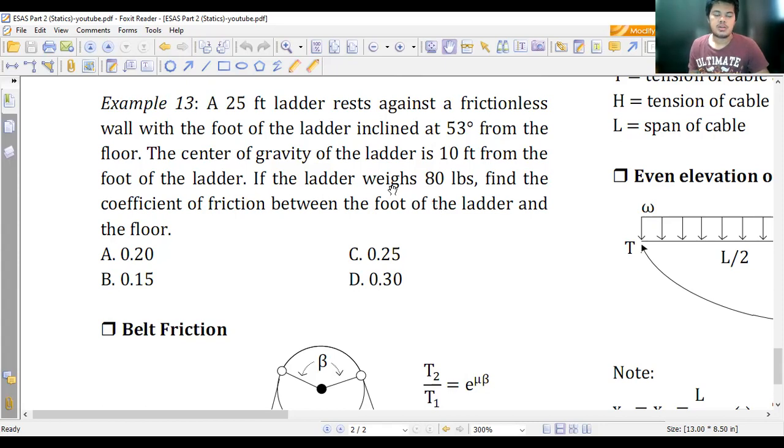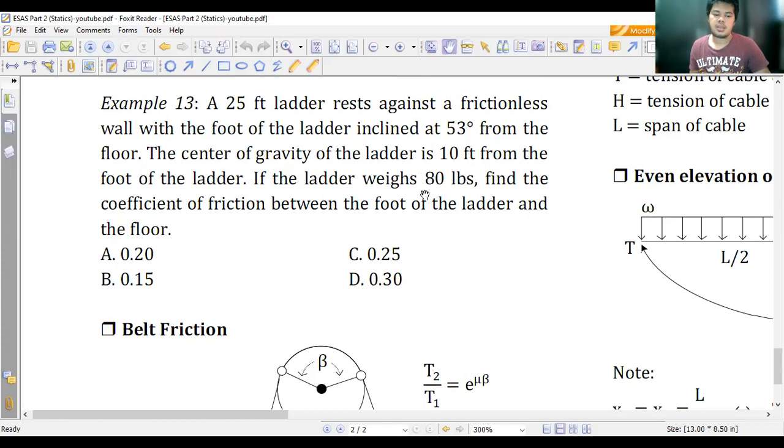It is stated here that the ladder is leaning against the wall, and the other end is on the floor, but the wall is frictionless. The center of gravity of the ladder is 10 feet from the foot of the ladder, and the ladder weighs 80 pounds.